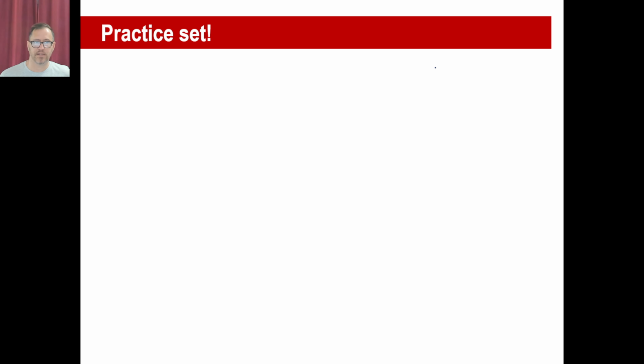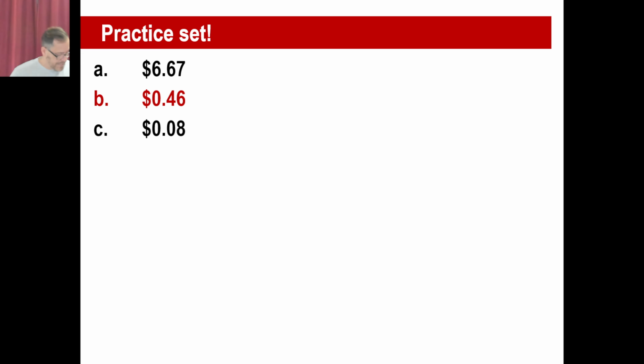All right. Let's take a look at the practice set. There are quite a few of these, so pause it and try A. All right, $6.67. Okay, pause it and try B. B, just 46 cents on that one. Let's go ahead and pause it and now try C. C is going to be 8 cents.